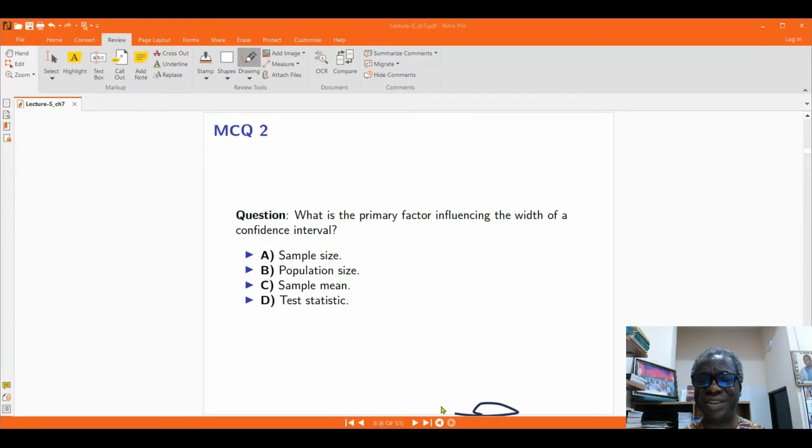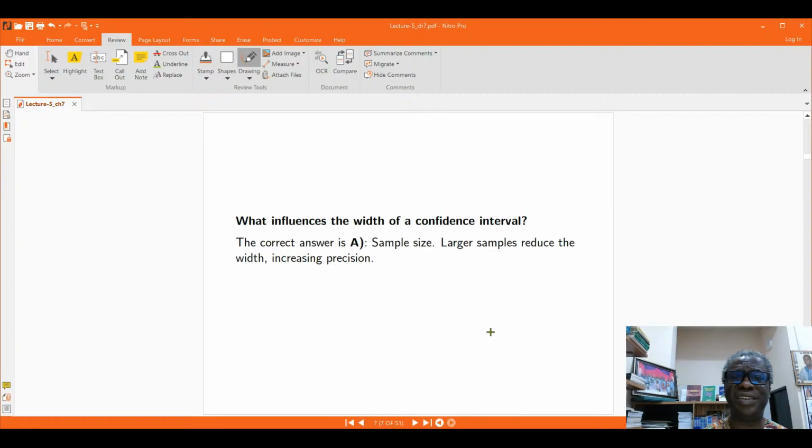Others are joining. That's good. So the correct answer is A. Sample size influences the width of a confidence interval.